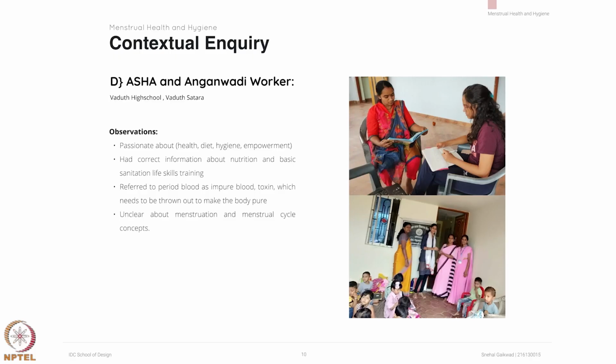If you have to go door to door and explain, what things do you do? Their chart and pamphlet were full of health, how to maintain health, what diet you should have, what the hygiene products are, but limited knowledge about the biology.